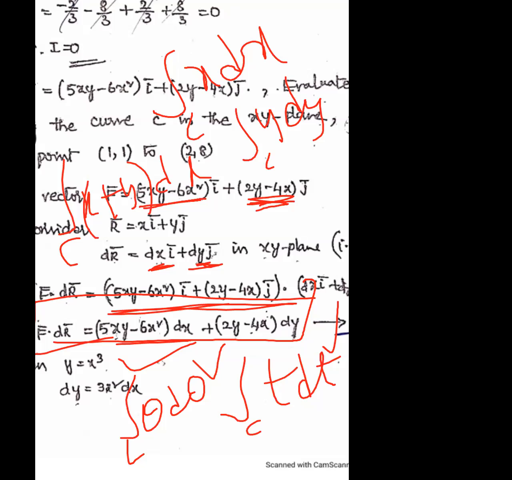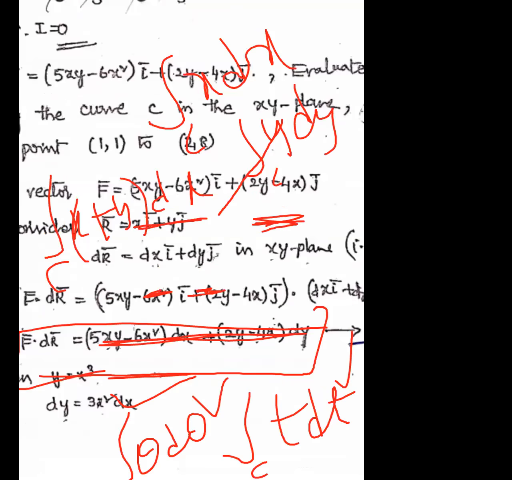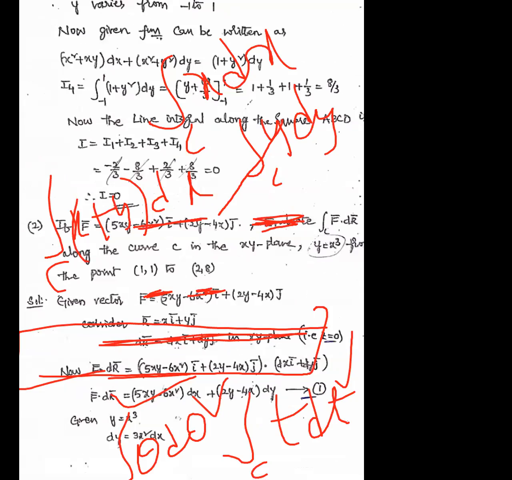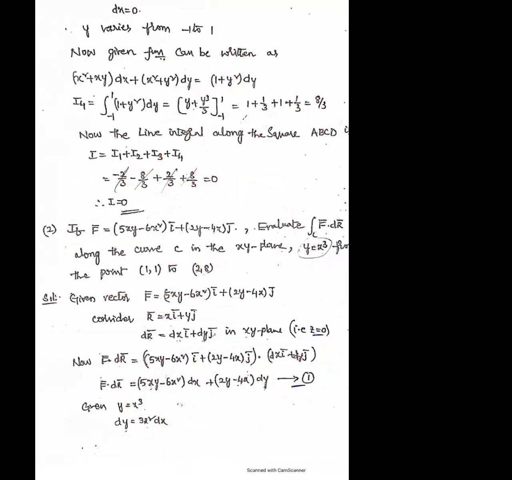So using the statement of the problem, here y equal to x cube. The problem statement says to convert y in x terms. So what about dy? Applying the derivative on both sides, dy equal to the derivative of x cube, 3x square dx.